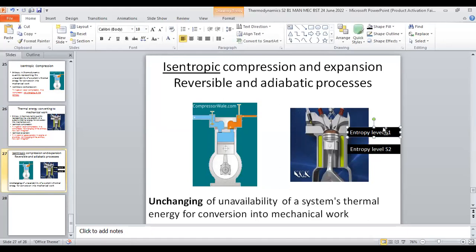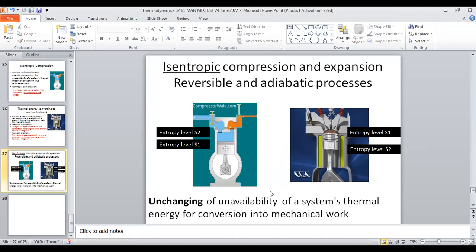And compression starts at the compression entropy level S1, and somewhere here entropy level S2.